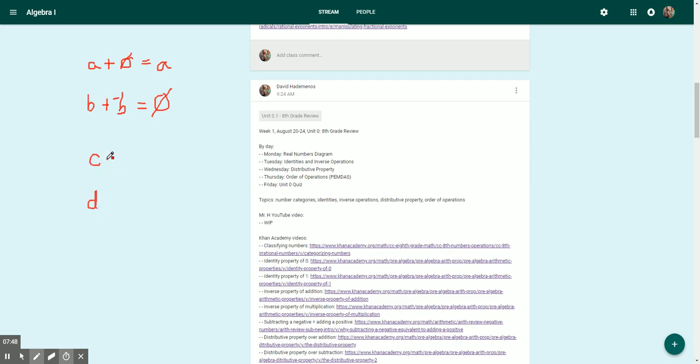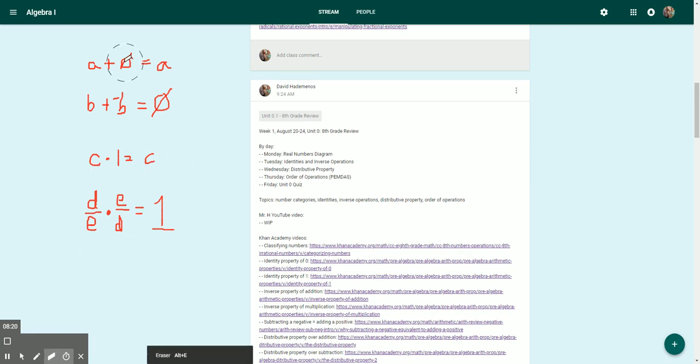Multiplicative identity says that anything times 1 is itself. And then multiplicative inverse says that if you multiply anything by its reciprocal, an upside down version of itself, so d over e times e over d, we get 1. Okay. So those are our identities and inverses.